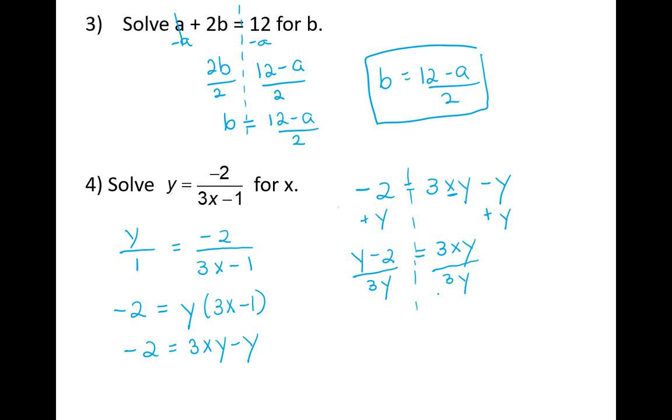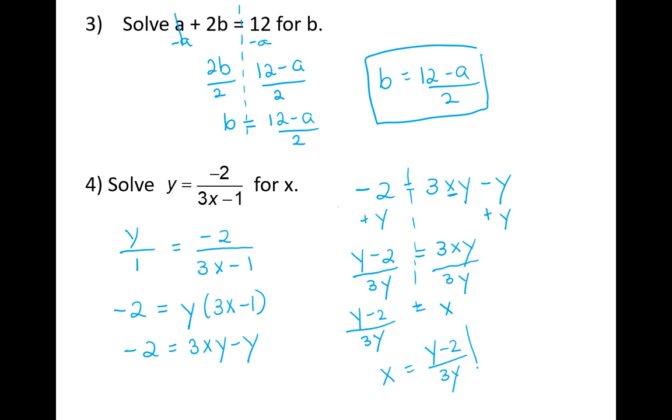When we do that, this side is just plain old x now. 3xy divided by 3 and divided by y is just x. This is y minus 2 over 3y. So we get x equals y minus 2 over 3y.